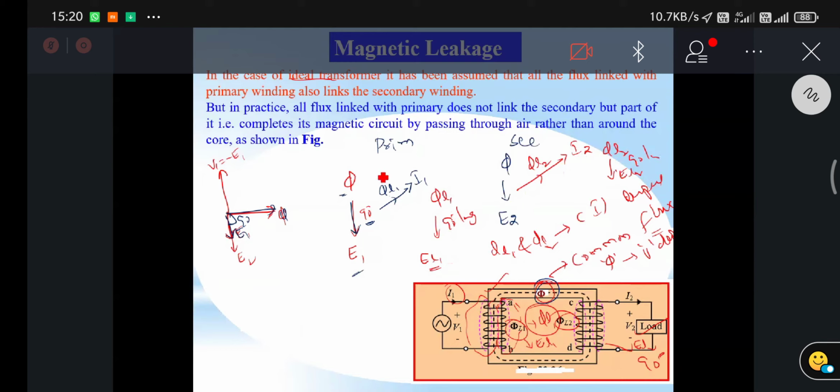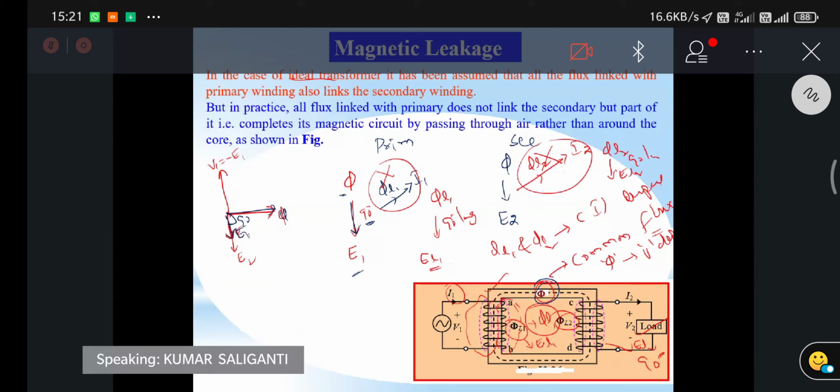We need to overcome and neutralize pi L1 and pi L2, because they are not useful. Only the main flux, which is voltage dependent, is useful.